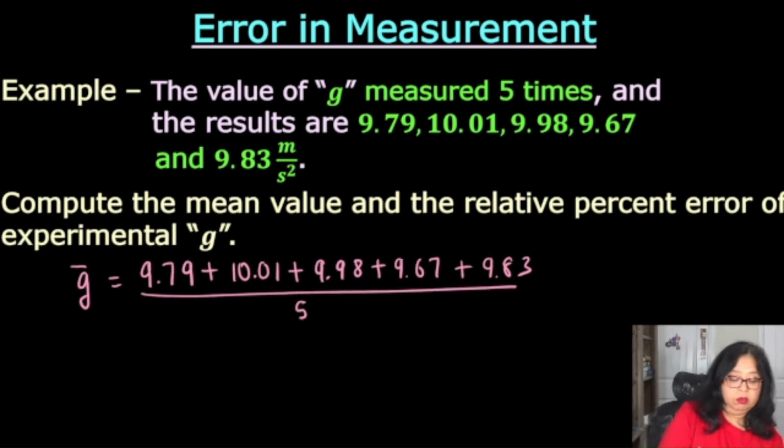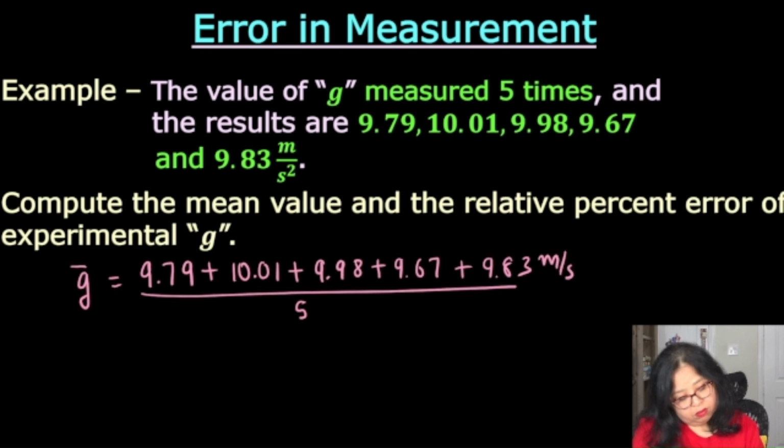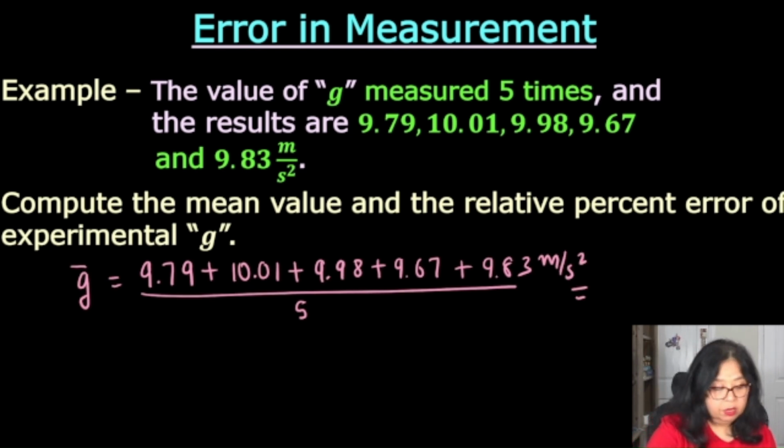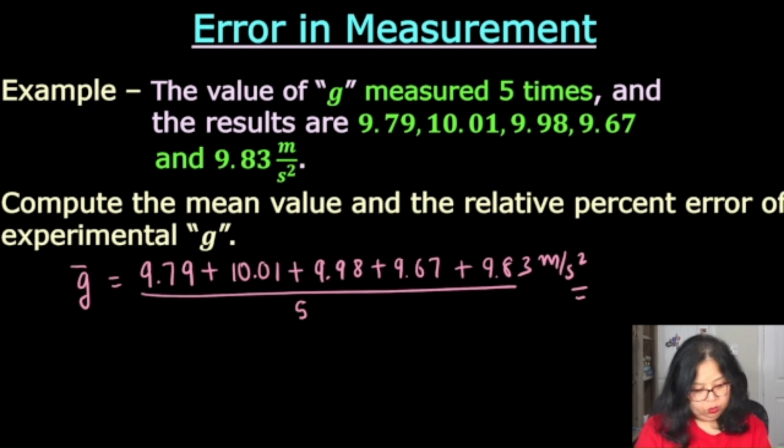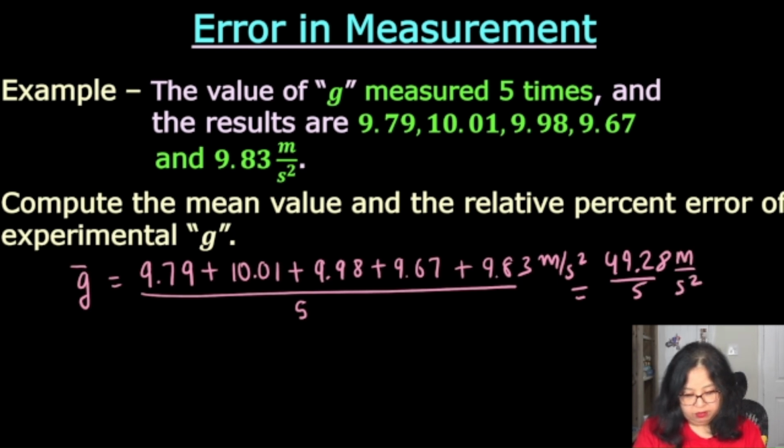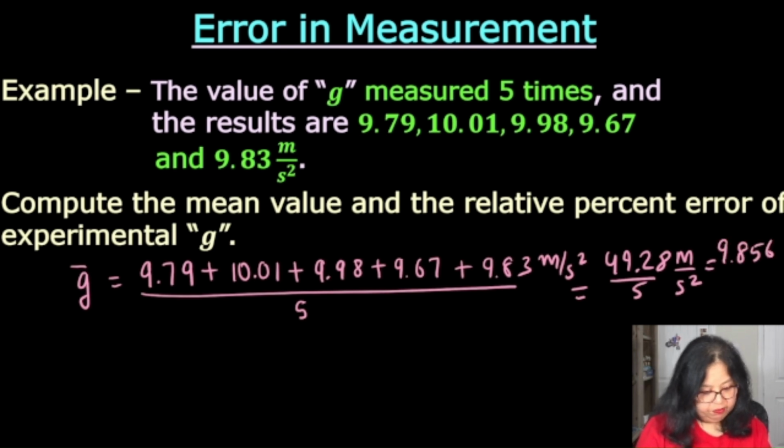I know that this is a very easy problem, but we have to first go through easy problems to make it to the harder problems. 49.28 divided by 5, and this is still in meters per second square. Let me divide this answer by 5 and we get 9.856 meters per second square.